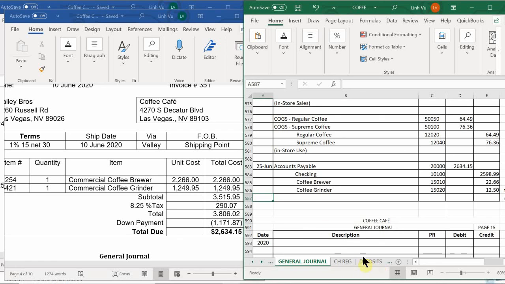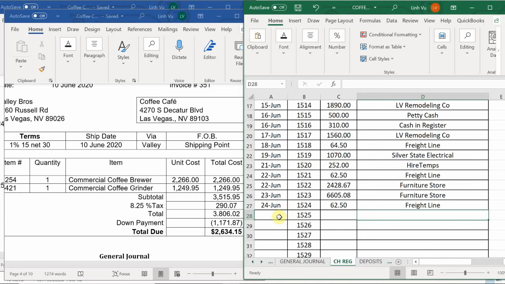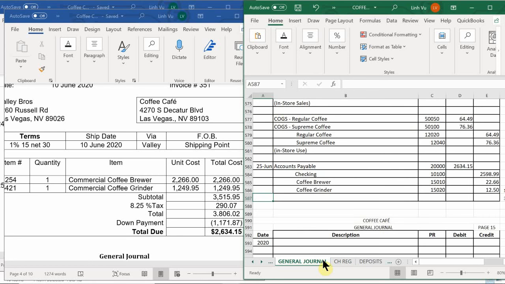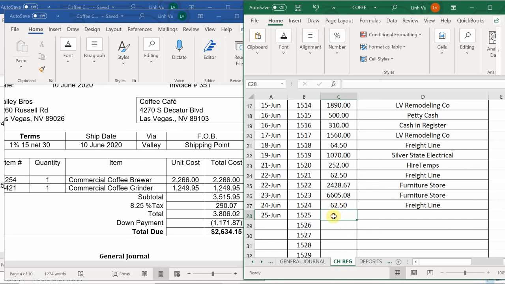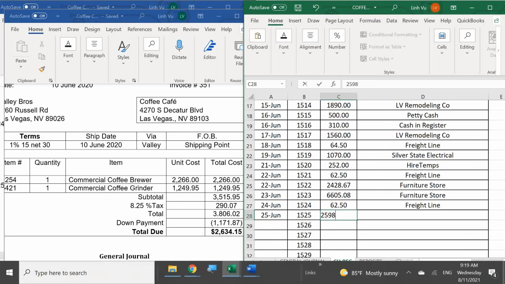Right? So I'm going to go to my check register and grab my check number right here. It is going to be June 25th for the 1525. I completely forgot that number. So it is $2,598.99. All right.